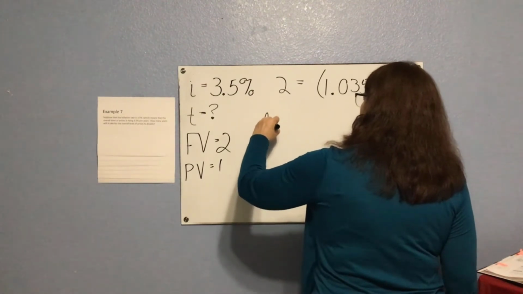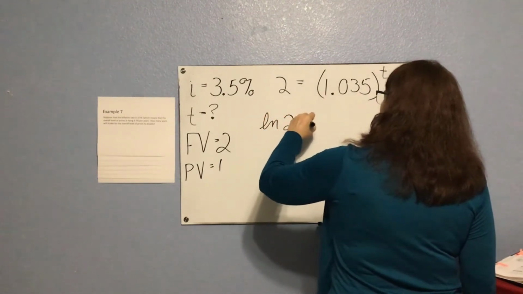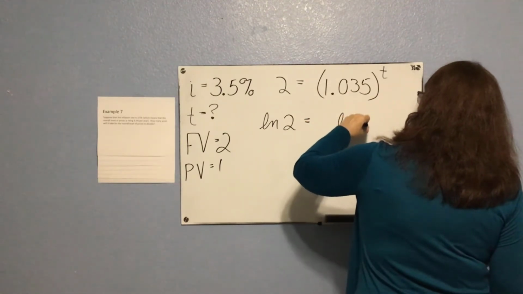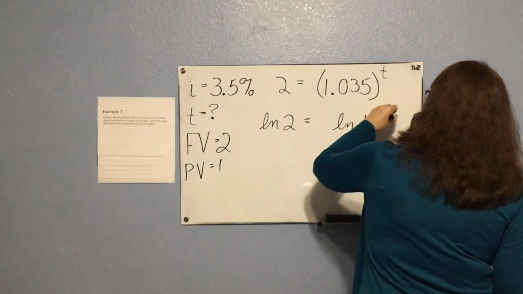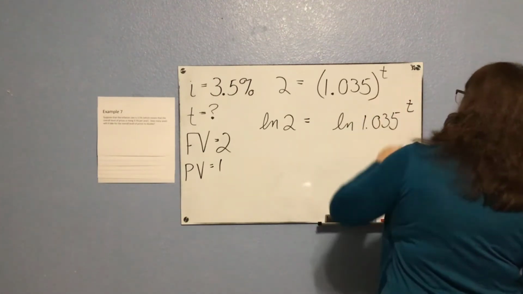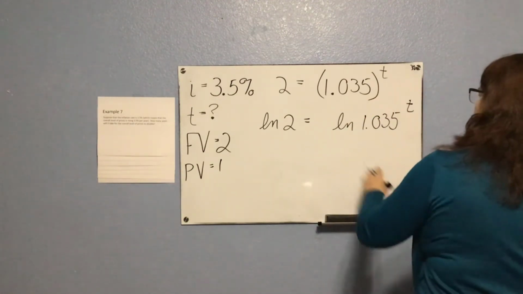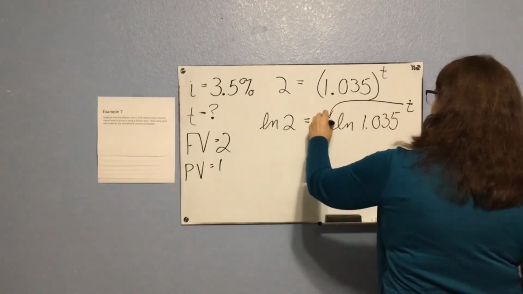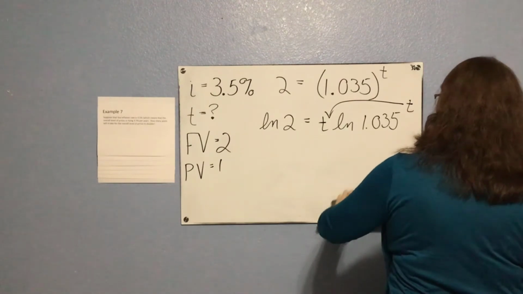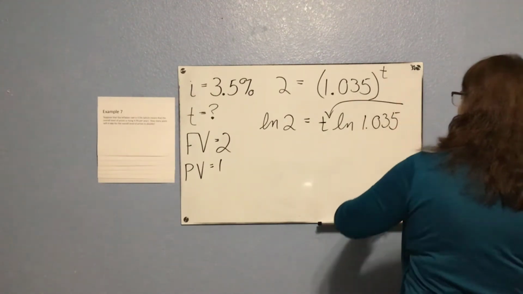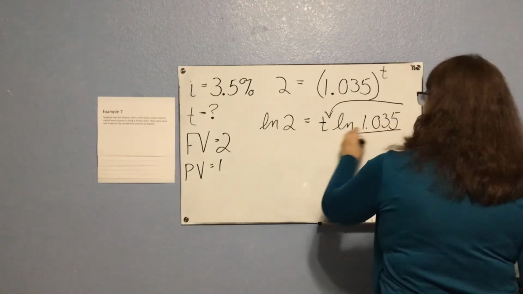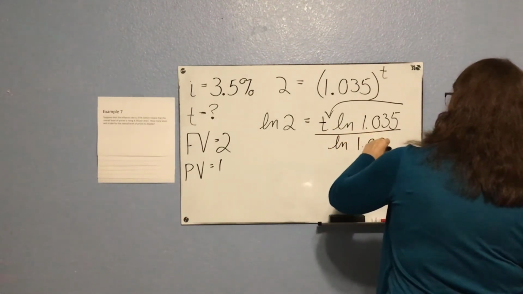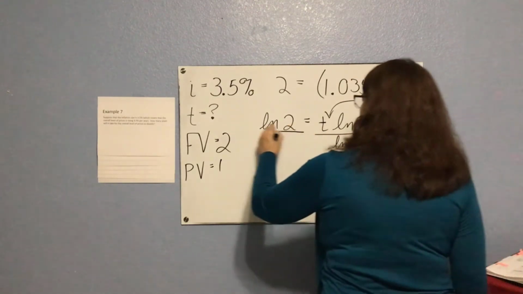So now I have natural log of 2 is equal to natural log 1.035 to the t power. And since this is now a logarithm, I can move this t right here and then divide by the natural log 1.035 on both sides.